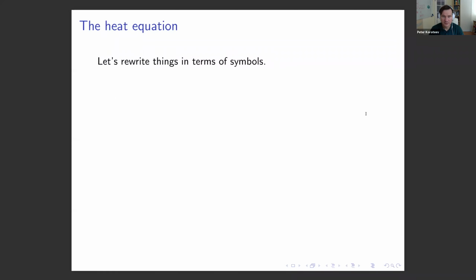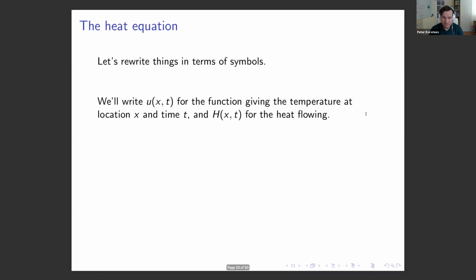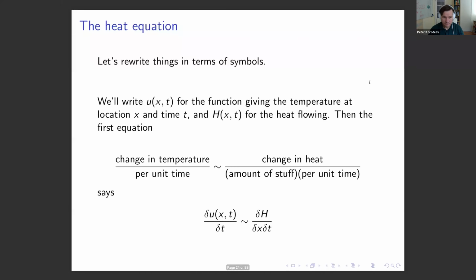Let's try to write this in terms of variables. u of x and t will be the function which gives the temperature at position x and time t, and capital H of x and t the heat flowing. u is measured in kelvins, and H is measured in joules or any other energy unit.